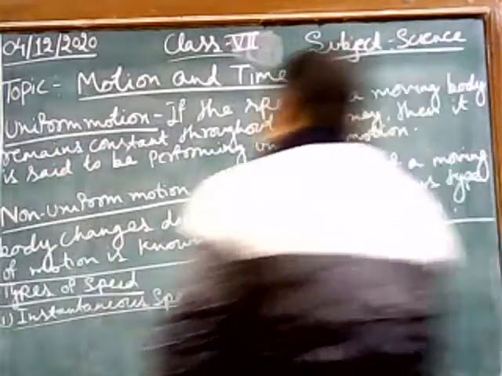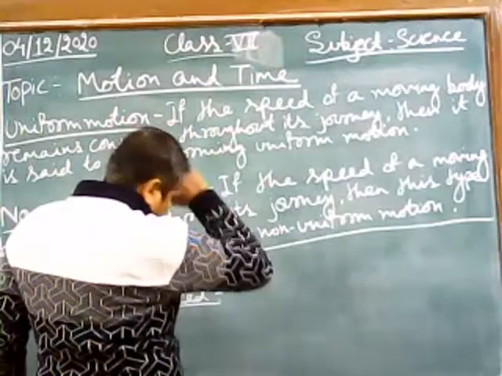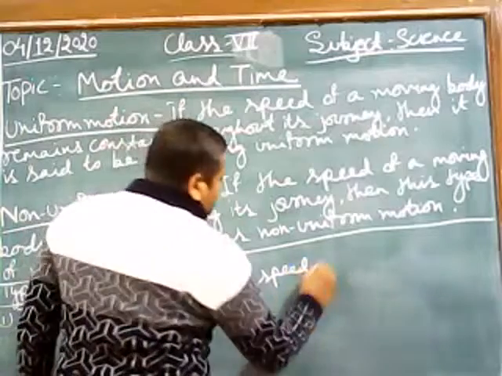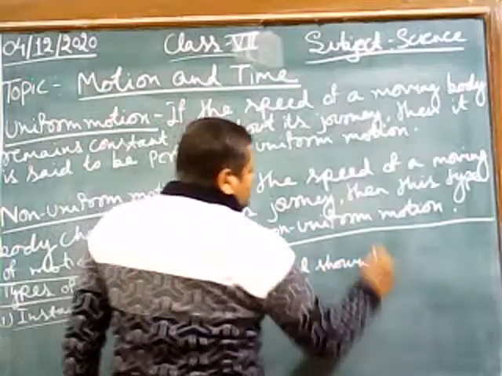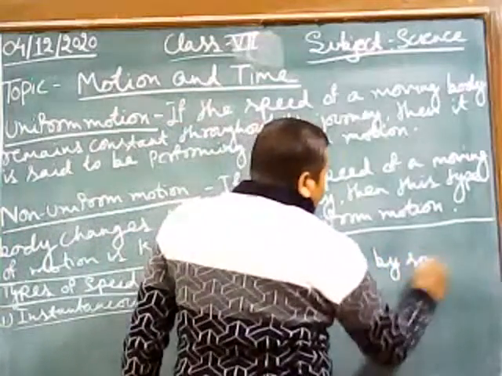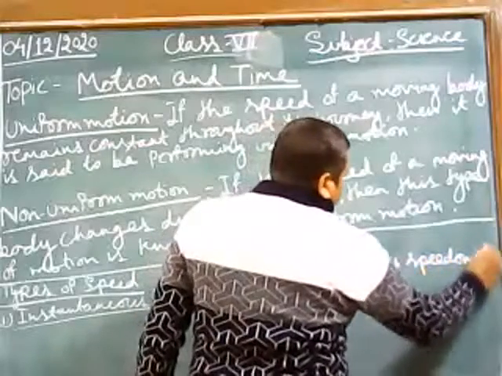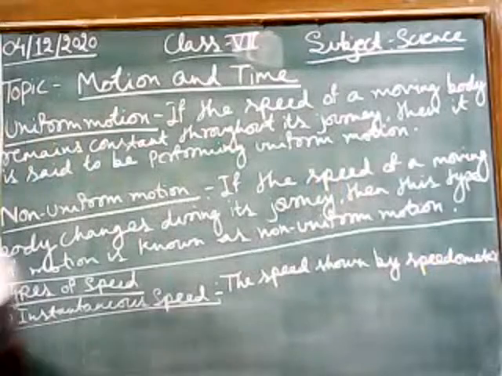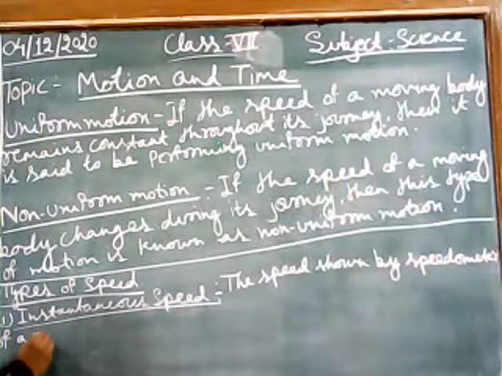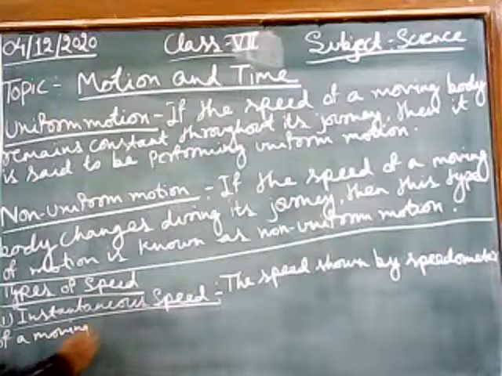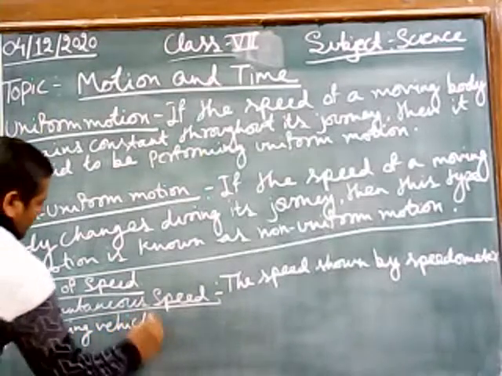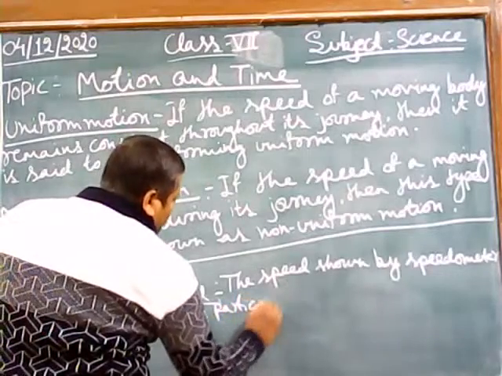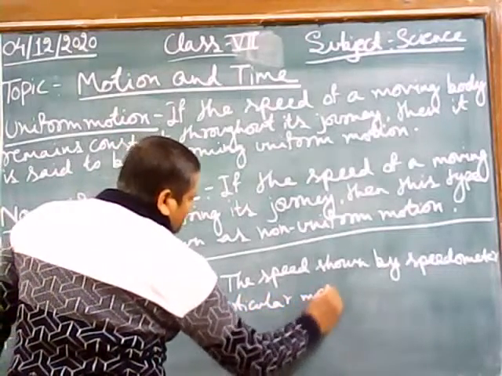So instantaneous speed is the speed shown by the speedometer of a moving vehicle at a particular moment of time.